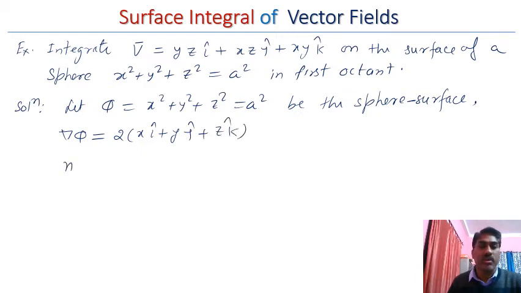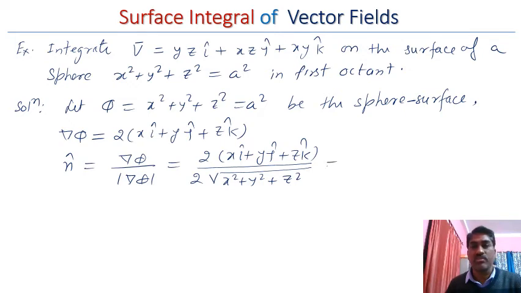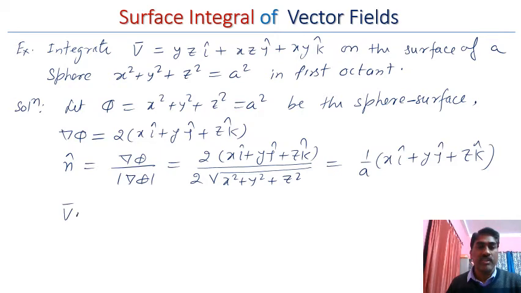And what is the unit normal? The unit normal is del phi by magnitude of del phi. So this is 2 times (xi plus yj plus zk) over the square root of 4 times (x square plus y square plus z square). The 2 cancels, and x square plus y square plus z square is equal to a square. So we have 1 by a times (xi plus yj plus zk). This is our unit normal.